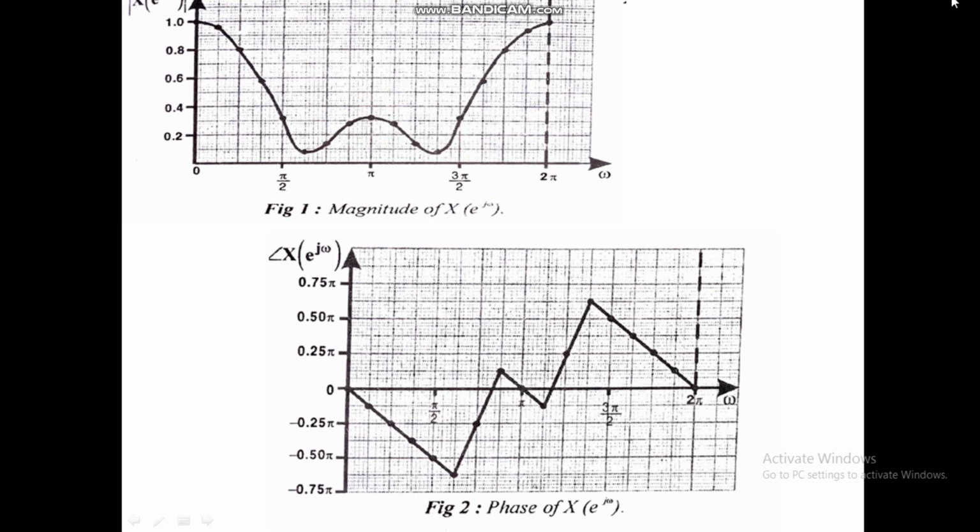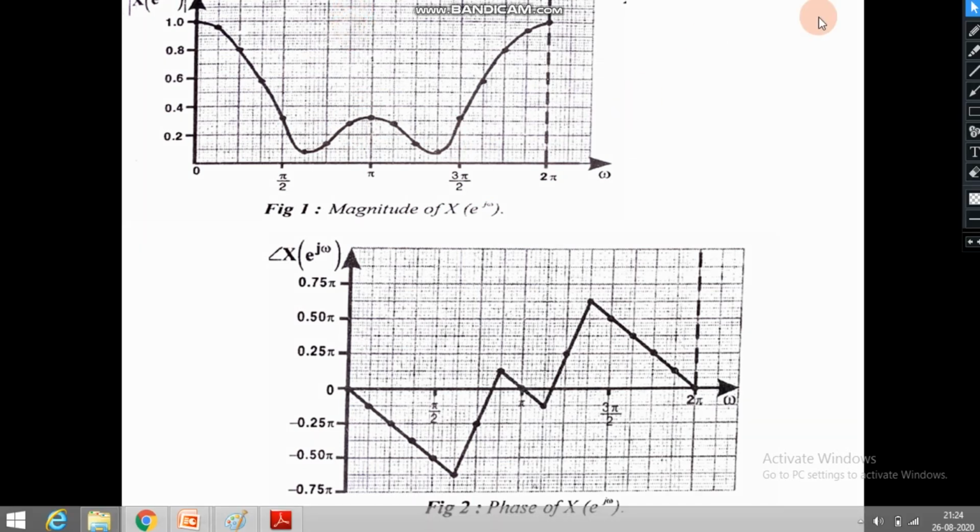So in the previous part also we have considered that the period is given by 2 pi, and we are taking N number of samples from this spectrum, X of e raised to j omega. N number of points are obtained. So the sampling interval is given by 2 pi by N.